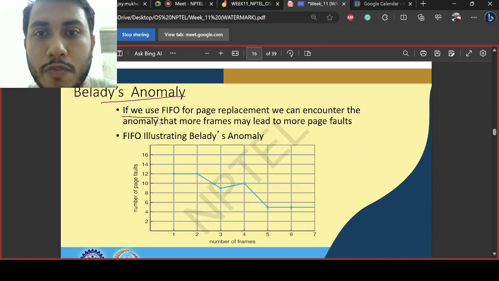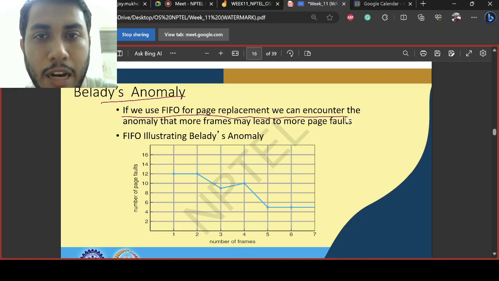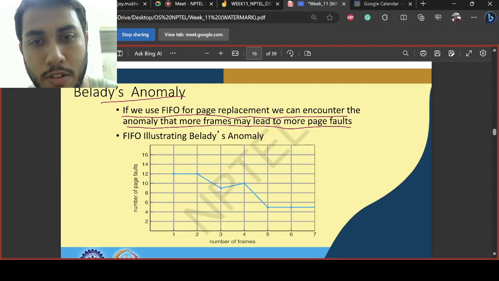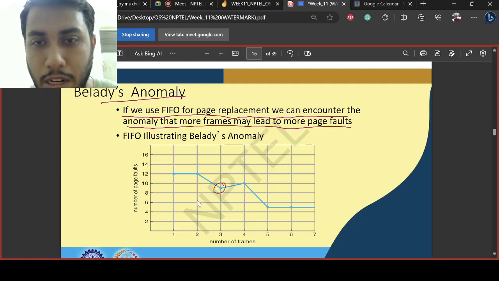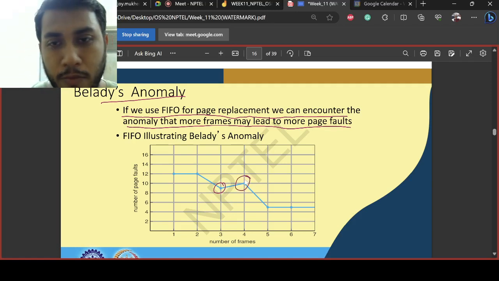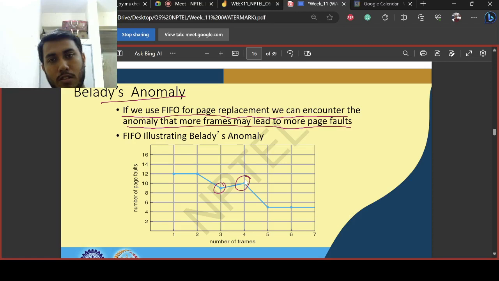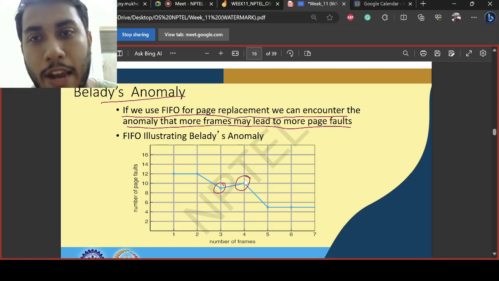So if we use FIFO for page replacement, we can encounter the anomaly that more frames may lead to more page faults. So 9 for your 3 pages and for 4 you need 10 page faults.